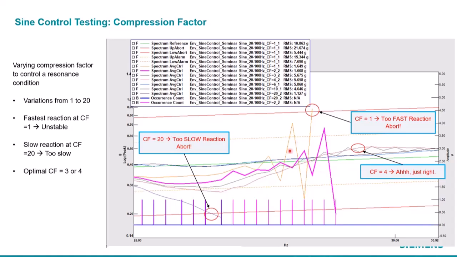So here's about where the resonance occurs. You see this unstable reaction with too fast a reaction by the transfer function. That's using a compression factor of 1. It's too fast of a reaction. However, on the other extreme, with a compression factor of 20, it's too slow to react, so it aborts in that case too. Using a compression factor of 4, we can see that one here, and that's kind of just right. It keeps it within these bounds and maintains pretty stable control.